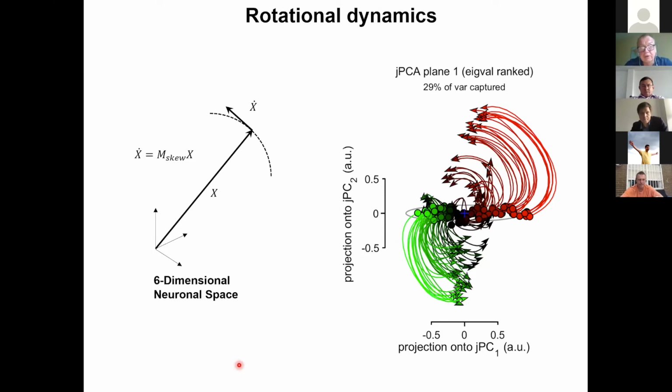So what is rotation in neuronal space? This is a circular movement of some kind of vector pointing from the center of coordinates. Intuitively, it is clear that if one neuron passes activity to the other, one neuron, then the other, and so on, then you would likely see some kind of wave traveling across the population.